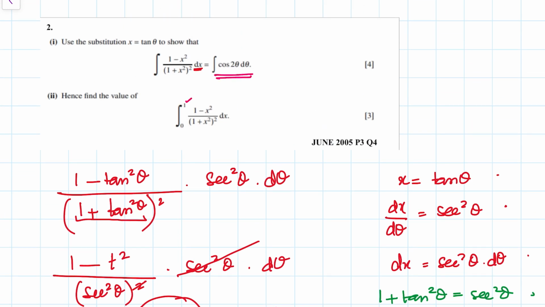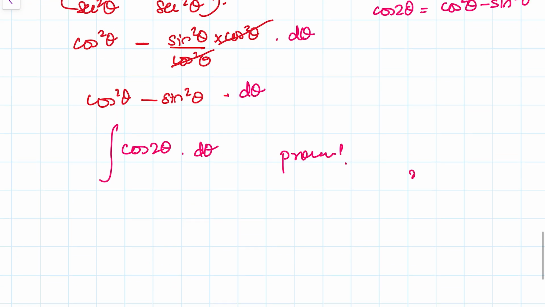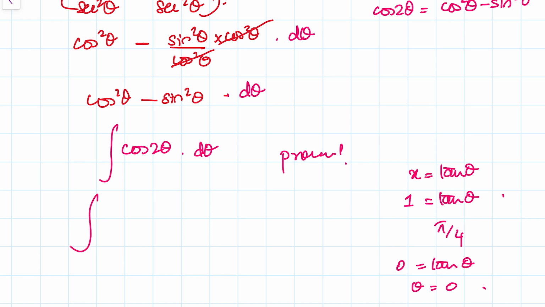Now the limits are 1 and 0. It's the same function, so it will be replaced with cos 2 theta, and the limits are 1 and 0. So x equals tan theta. Input a 1 here. So theta becomes tan inverse 1, which is pi by 4. Next is 0. Tan inverse 0 is 0. So pi by 4, 0, cos 2 theta dot d theta.